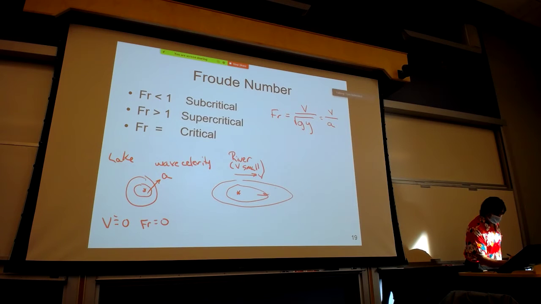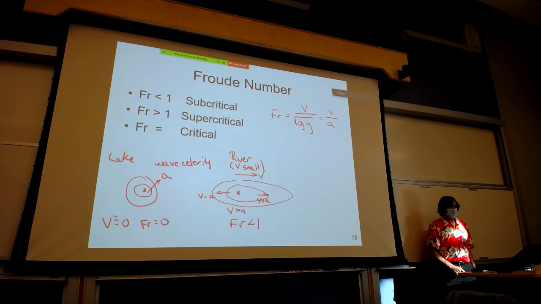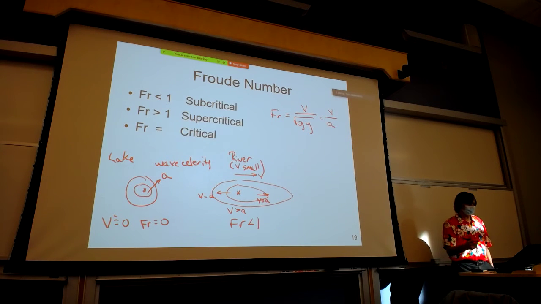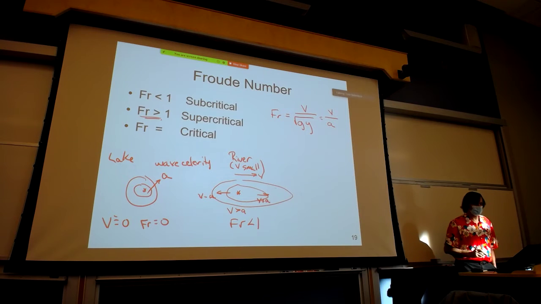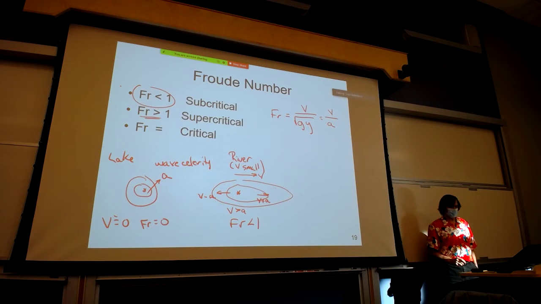And what happens in the downstream direction, the disturbance moves at V plus A, and in the upstream direction, they move at V minus A. But in this case, V is less than A, and therefore the Froude number is less than 1. So this is known as subcritical flow. Froude number less than 1, that's subcritical flow.